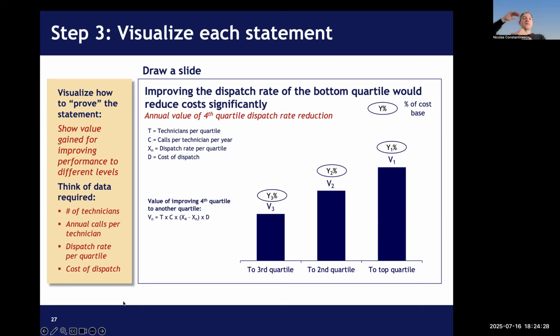If you improve it to the level of the second quartile, it'll give you this much extra value, and top quartile this much. Again, we don't know what the numbers are, but you can visualize all this, and by visualizing it, you can then figure out what data you really need.